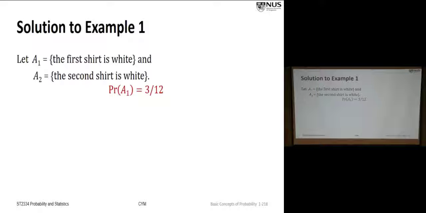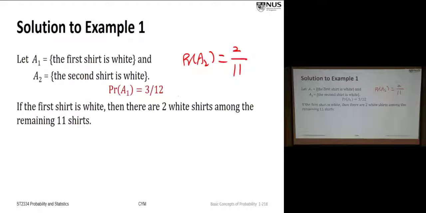Of course, I already written down. So what is probability of A2? Does it equal to 2 over 11? The 11 shirts, you have only 2 white shirts. Right? Is this probability A2?